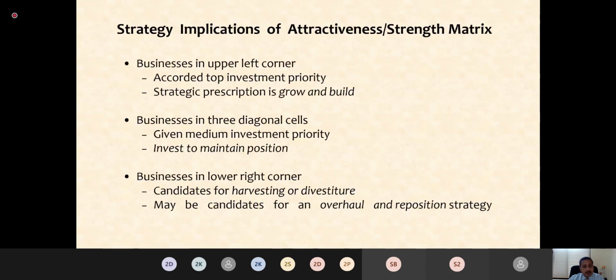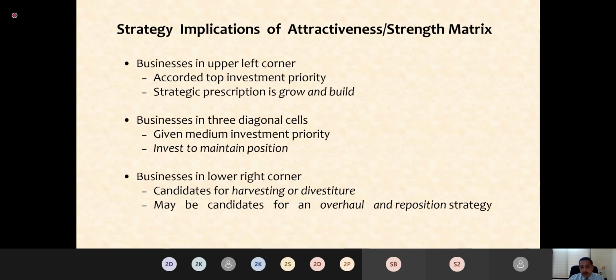And the third category of business units, the right corner, which are marked by red color. These are the business units that are candidates for harvesting or divestiture. So either we can think of harvest, that is we can continue, or we can divest. We can withdraw the investment from these business units and stop the business units.